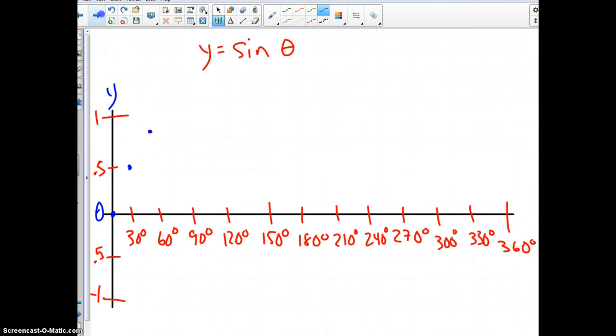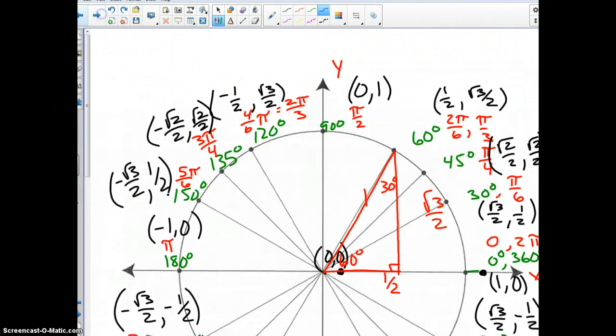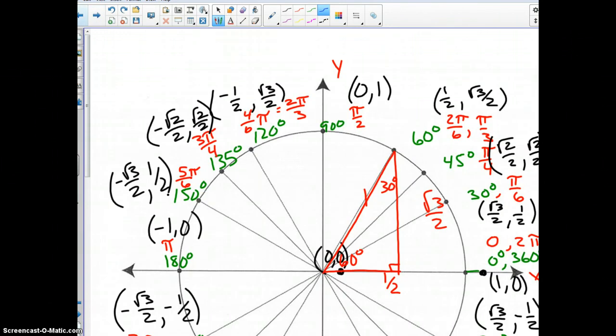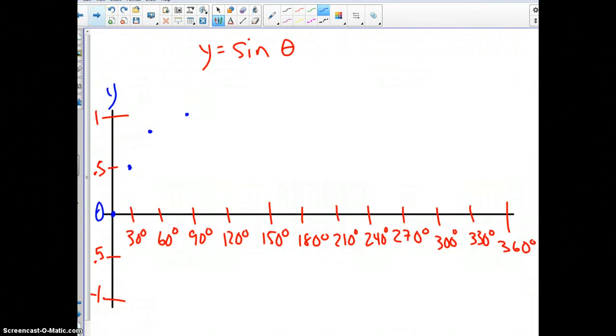All right, now if you graph 90 degrees, and actually do that as going back to your unit circle, that's the y, which is 1 for 90 degrees. So at 90, you get 1. So you have that point. So if you move on to 120 degrees, again, go back to your unit circle, you realize that the y coordinate is square root of 3 over 2 again, which is that 0.866.